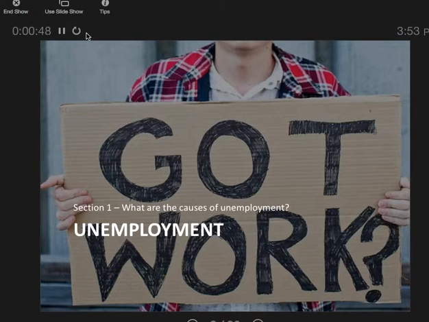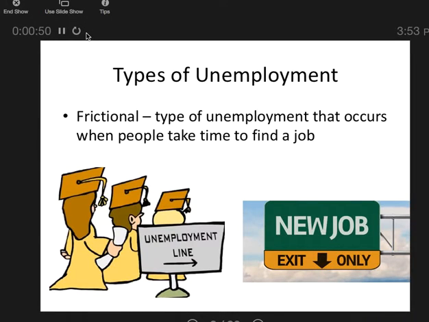So we're going to start with the first type of unemployment, known as frictional unemployment. This one occurs when people take time to find a job. An example would be a student that just graduated from college. They are frictional unemployment. They are looking for work, but they are unable to find it at this time, or they just want to make sure they have a perfect job.